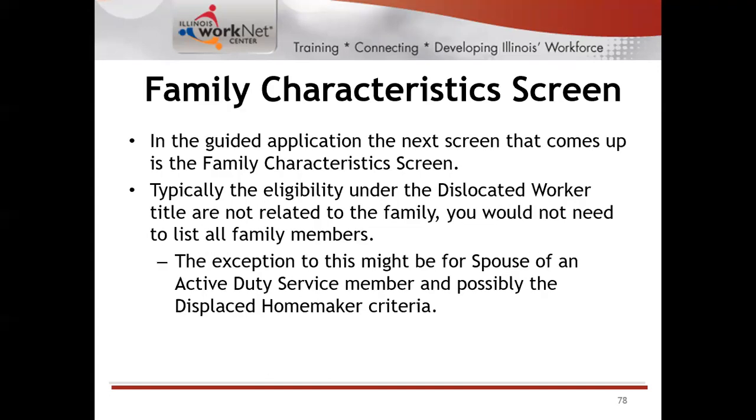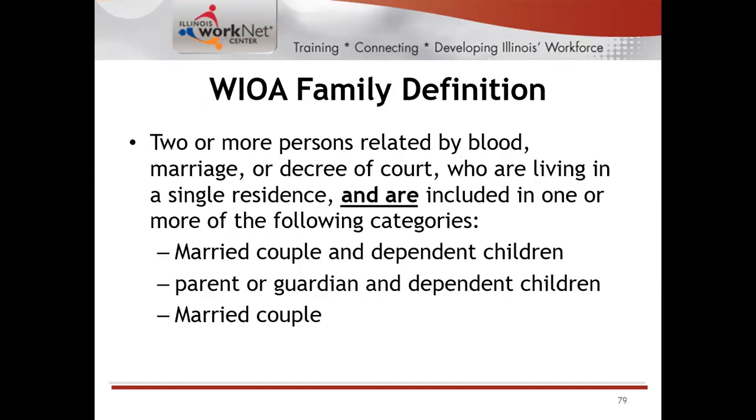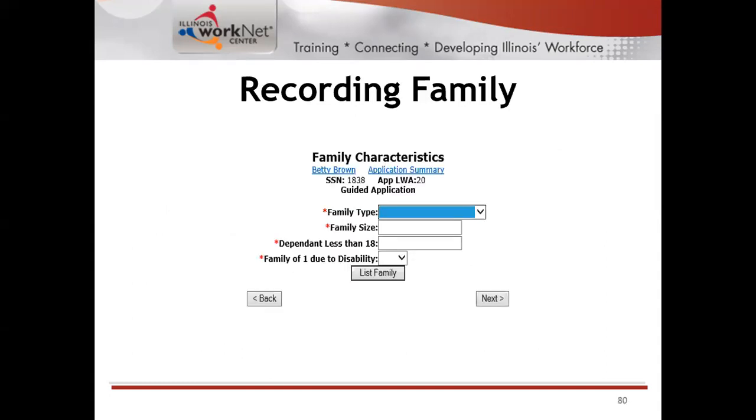The next portion of the application is the family characteristics screen. We have a definition of family, but keep in mind there's no eligibility criteria tied to the family member for the DR, the emergencies and disasters criteria.